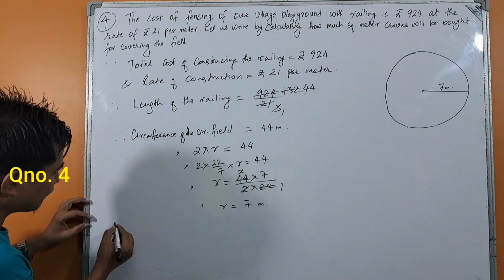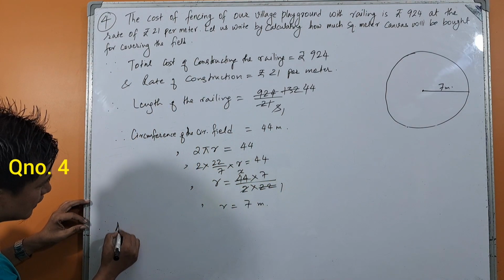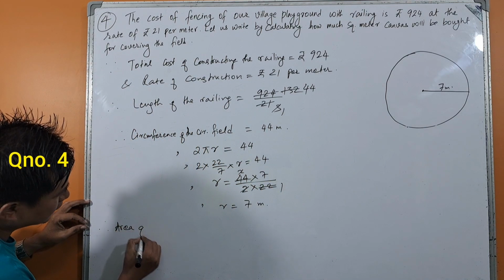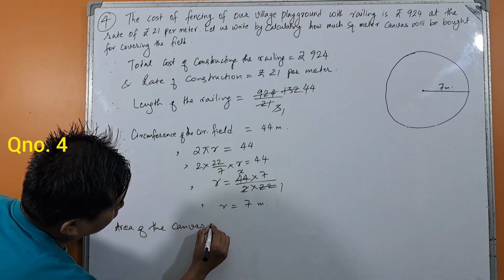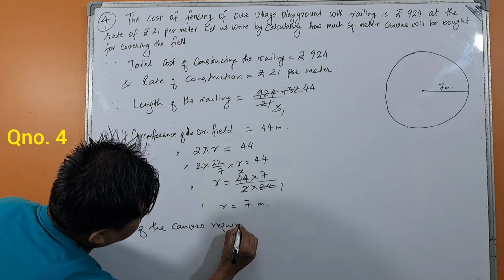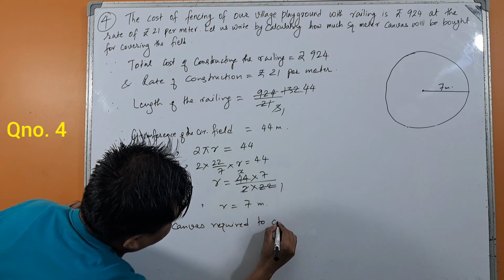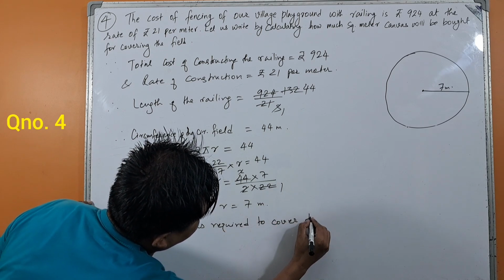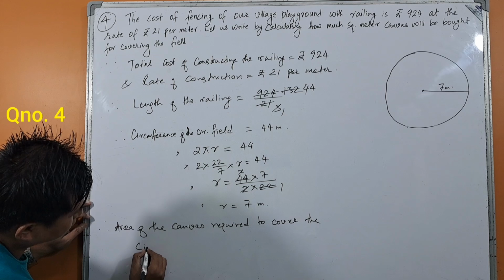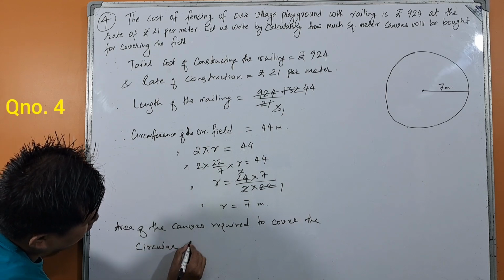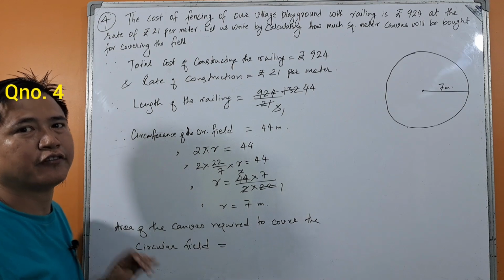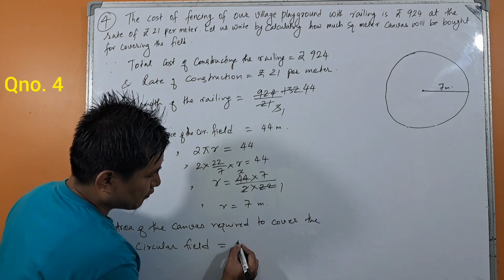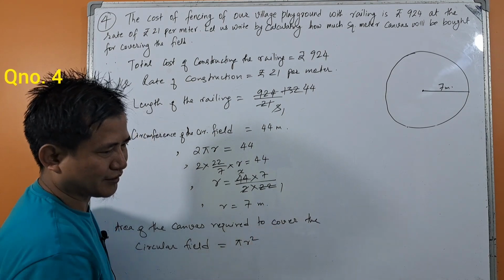Therefore, area of the canvas required to cover the circular field or circular playground equal to, what is the formula for area of circle? Pi r square.